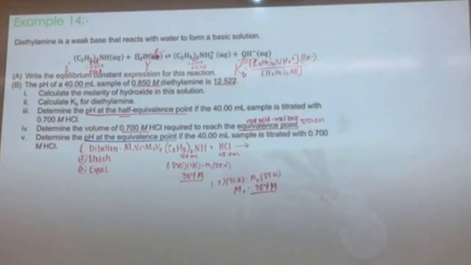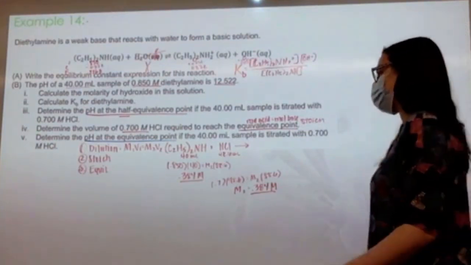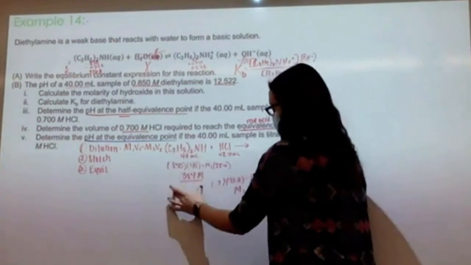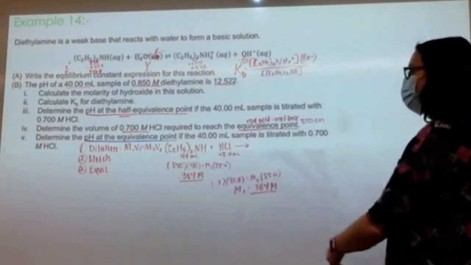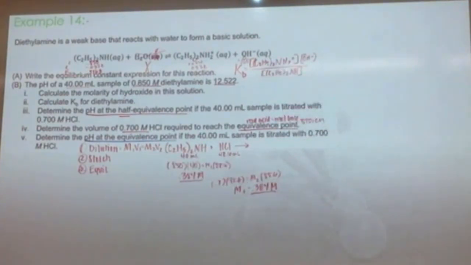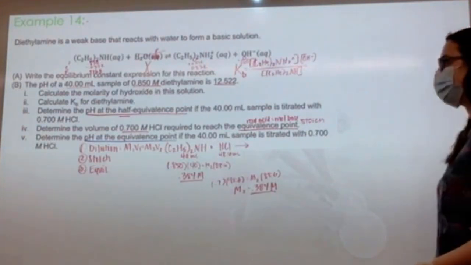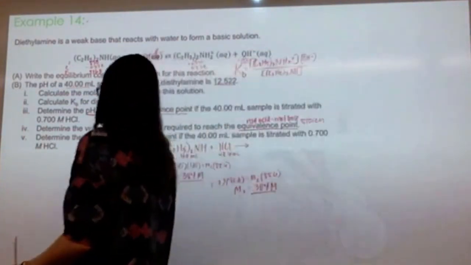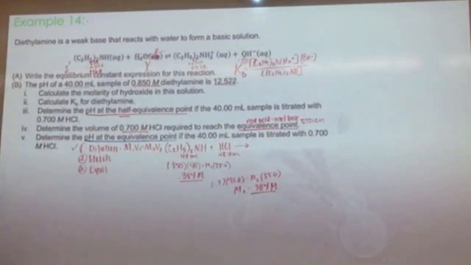So both of them have a new molarity of 0.384 molar. Diethylamine becomes 0.384 molar because of the dilution. Hydrochloric acid becomes 0.384 molar because of the dilution. So now we took into account adding volume to volume.